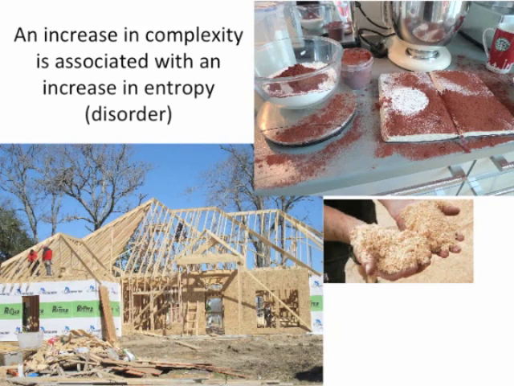The second part of entropy is the idea that an increase in complexity is associated with an increase in this disorder, this entropy. You probably see lots of houses or buildings being constructed. Those are incredibly ordered structures being made, but there's always a big pile of waste.